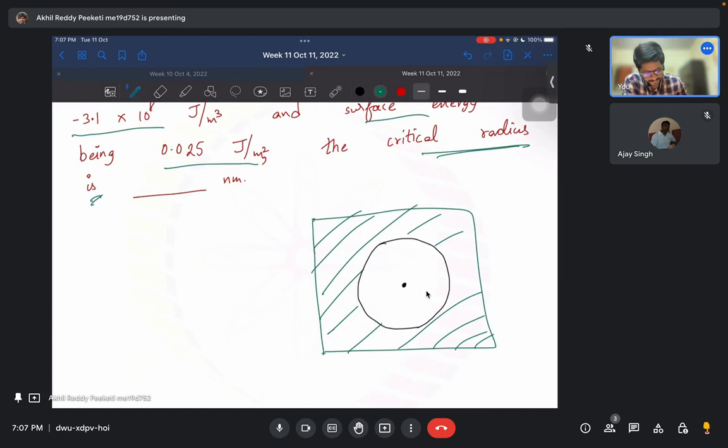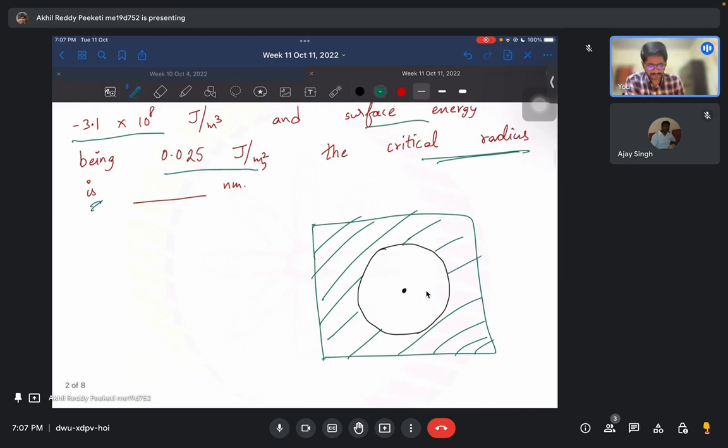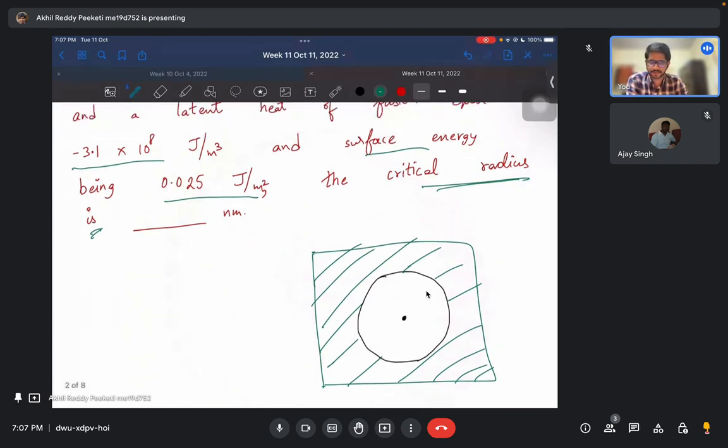All the liquid in that sphere has turned into solid now. So as the solid sphere grows, at some particular radius, the growth will stop. So that is the critical radius, where the rate of change of free energy with respect to that radius equals 0.